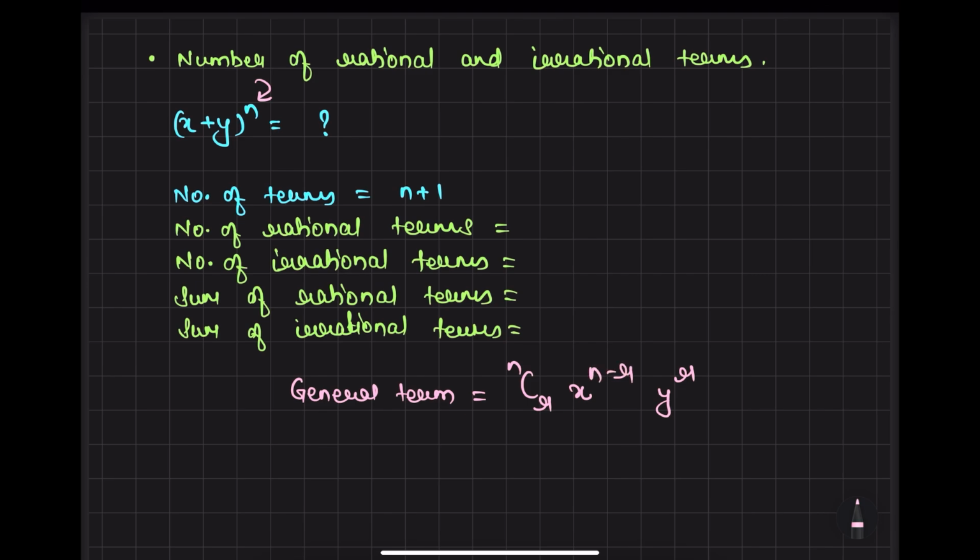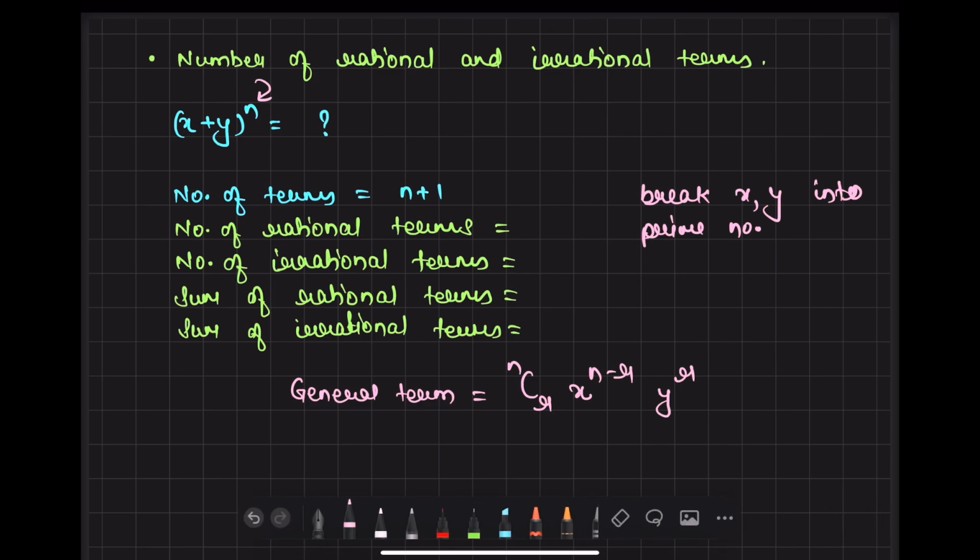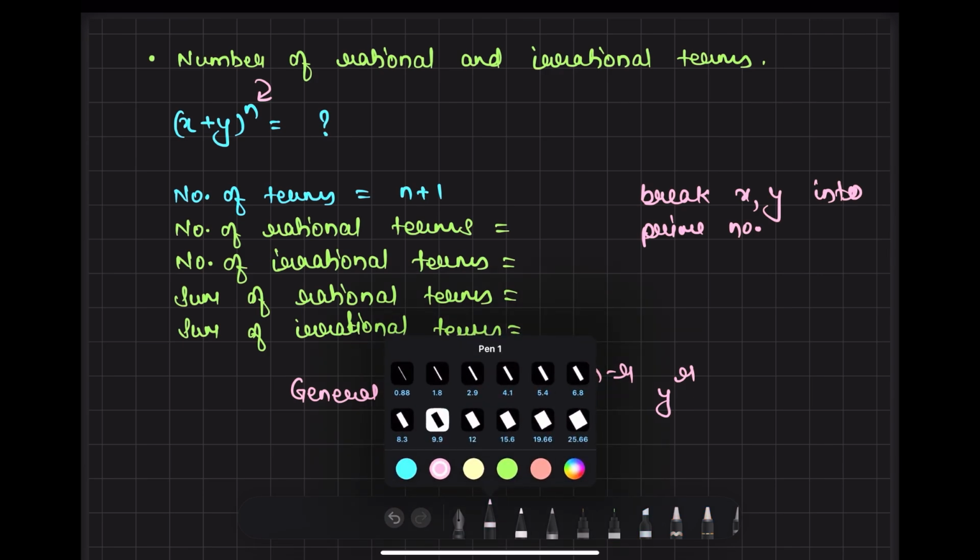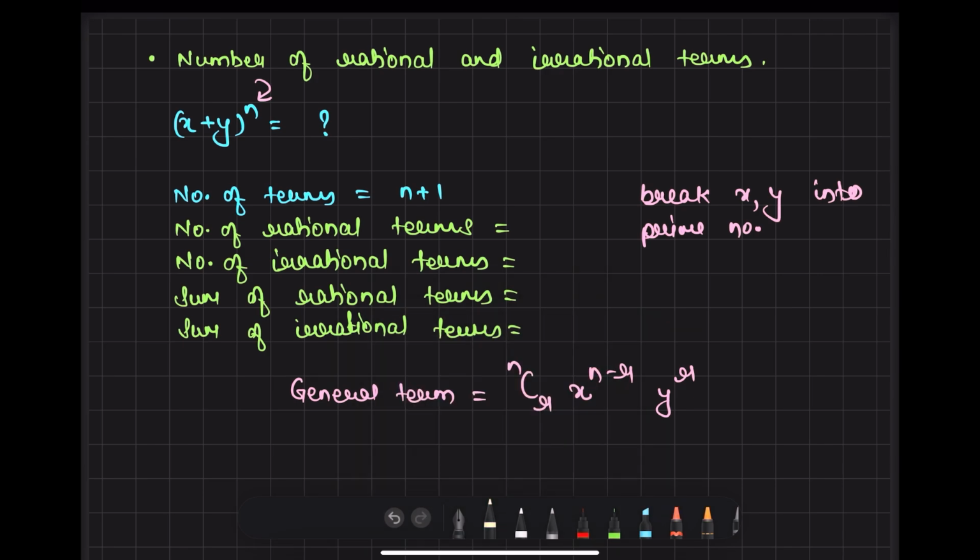Now what you have to do is break x and y into prime numbers. Now look at this, you have to observe the powers, and you have to play with numbers.